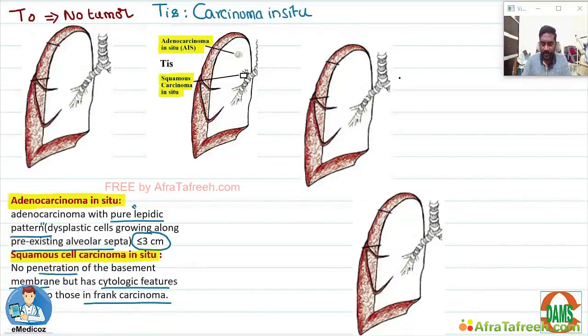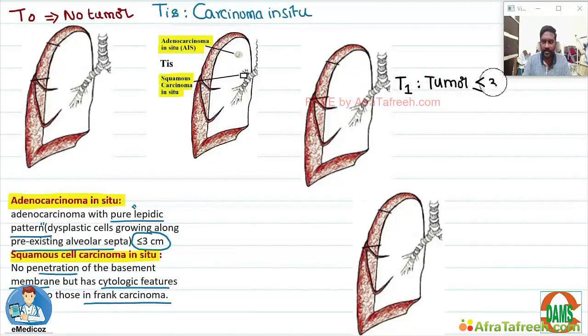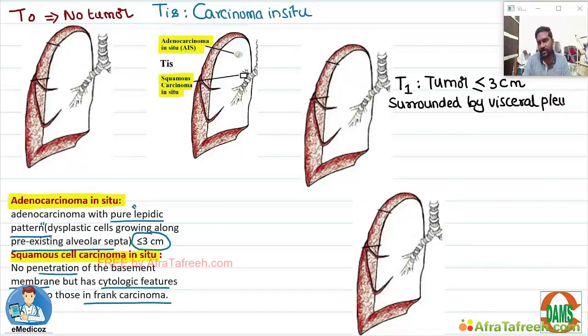What is meant by T1? Tumor of size less than or equal to 3 centimeters, surrounded by visceral pleura. So it is surrounded by the lung covering, the lung's inner covering called the visceral pleura.